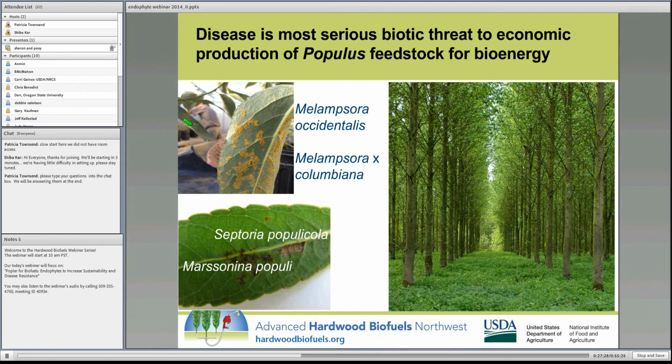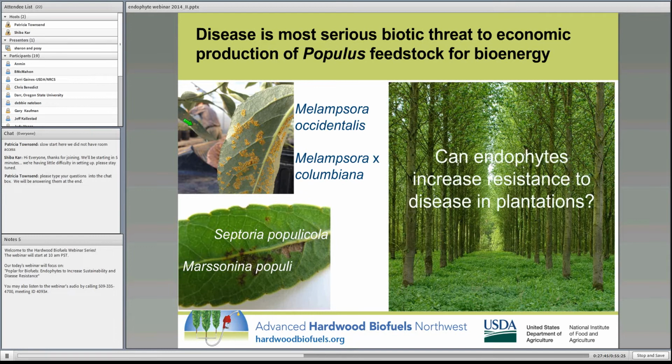Now, given that these pathogens are living side by side with very diverse endophyte communities, they must interact on some level. And so this raises the question of whether some endophytes in these communities may have antagonistic interactions with those pathogens. And if so, that raises a second question, which is, can we use those particular endophytes to increase disease resistance in poplar plantations?